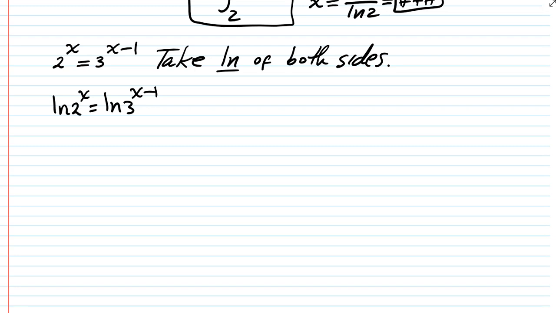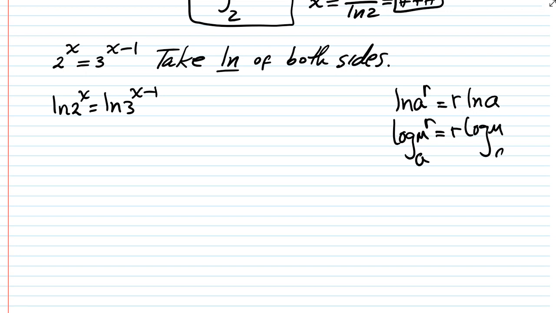Well, using properties of logs, ln of a to the r is going to be r ln of a. Or in general, log base a of m to the r is r log base a of m. Either way, I can use this property to rewrite the left side.